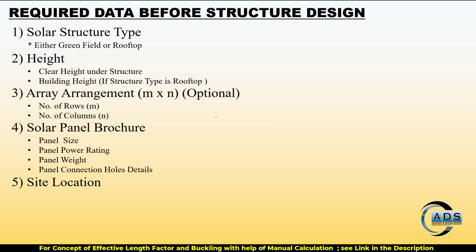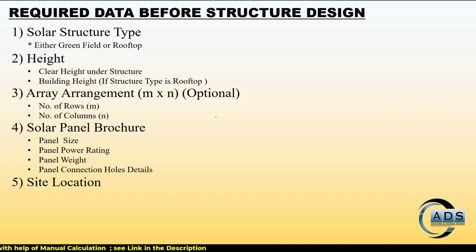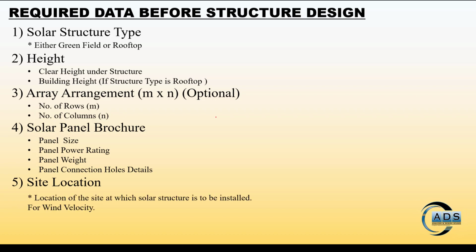In the solar panel brochure, we will have the solar panel size, power rating, weight, and the panel connection hole details. In the site location, why do we want it?